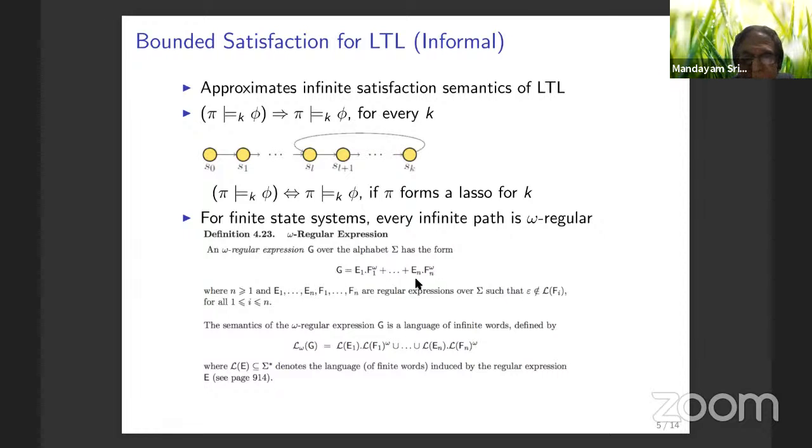All these are called omega regular paths, where these E1, F1, etc. are regular expressions defined over some alphabet sigma. In this case, these are the states of the system.